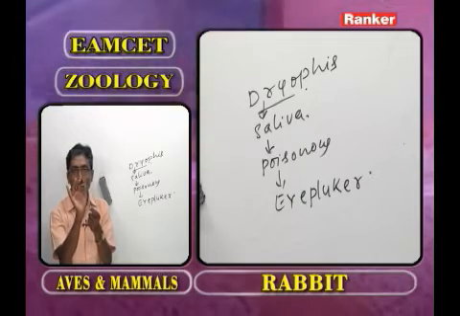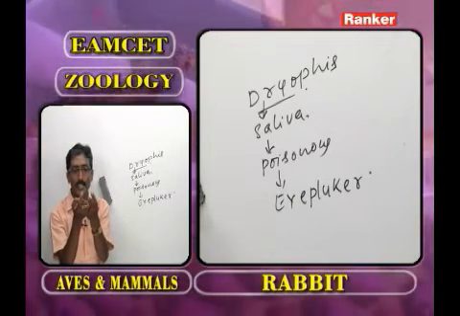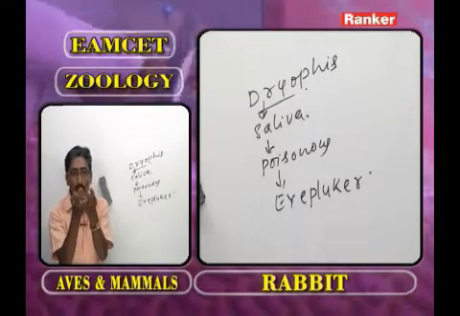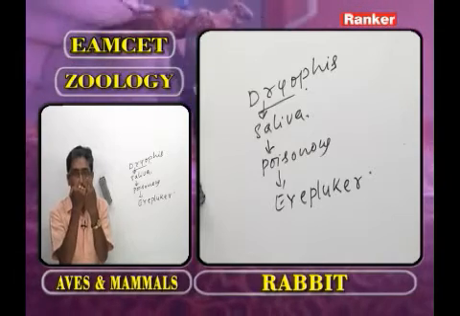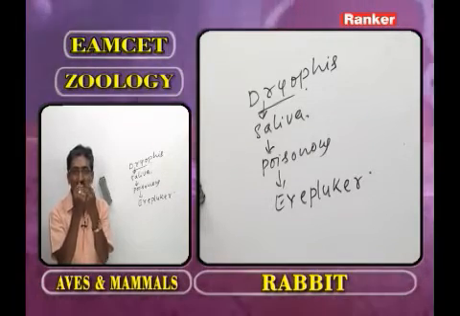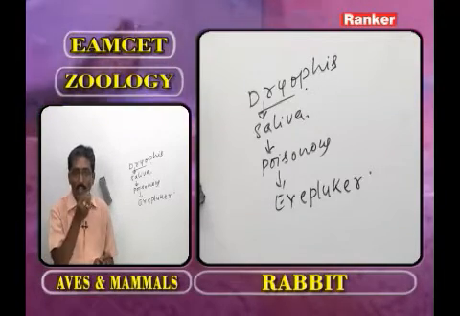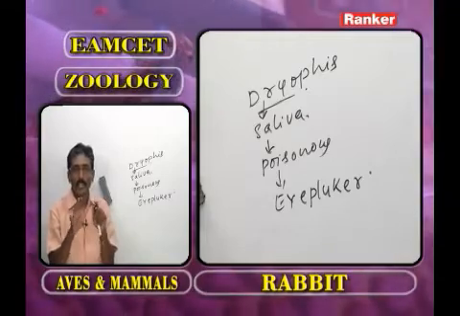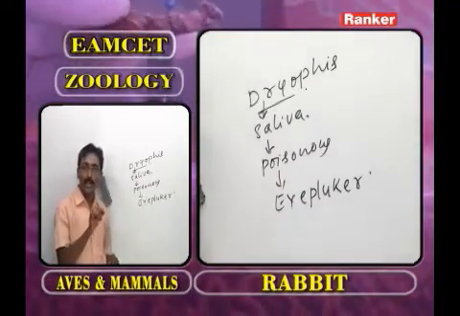Whenever the dryophis is touched by its enemy, immediately it releases the poisonous saliva into the eyes. Sometimes we get inflammation and irritation of the eye, but it is not that dangerous. If we wash our eyes with water, it automatically clears. Based on that, it is called eye plucker.